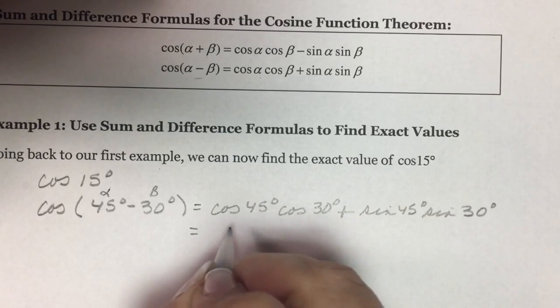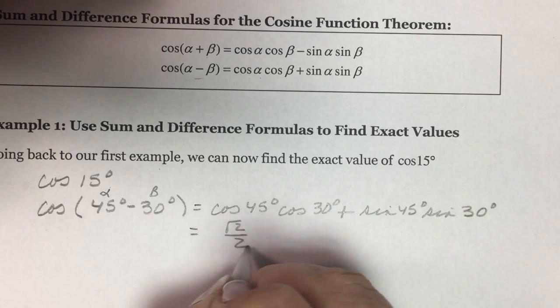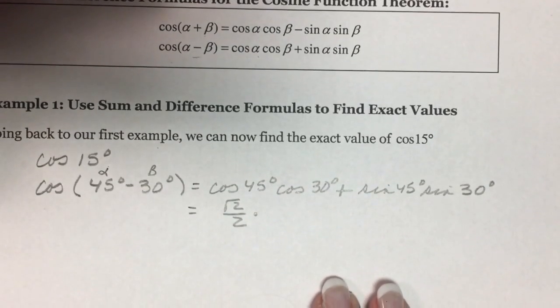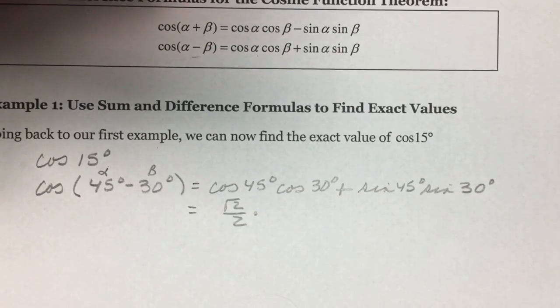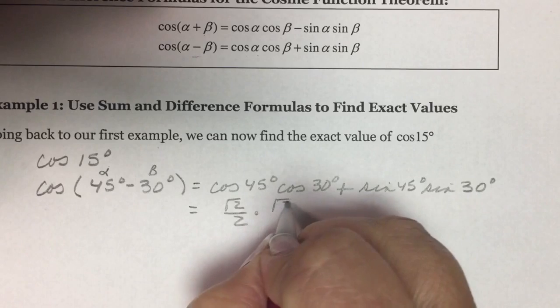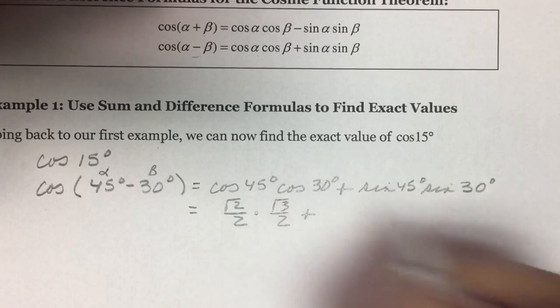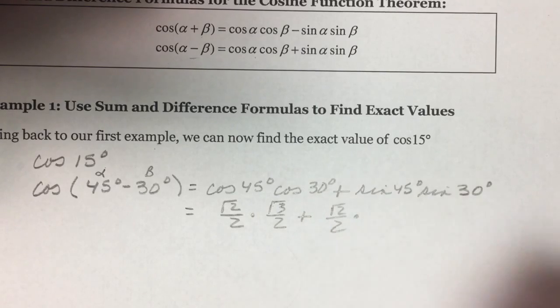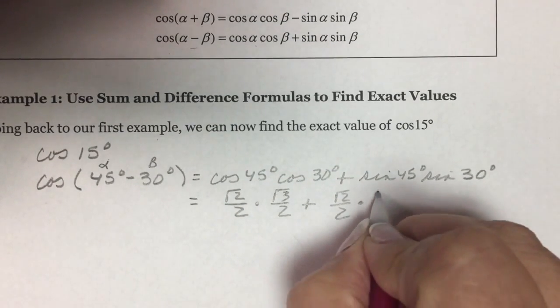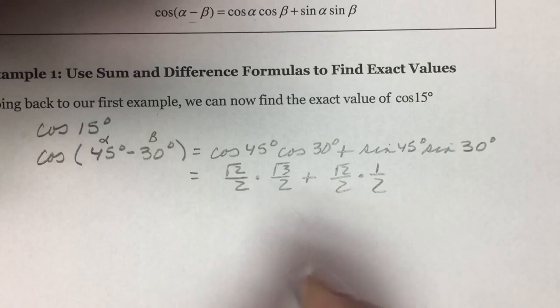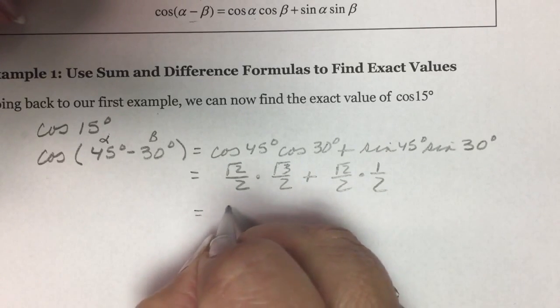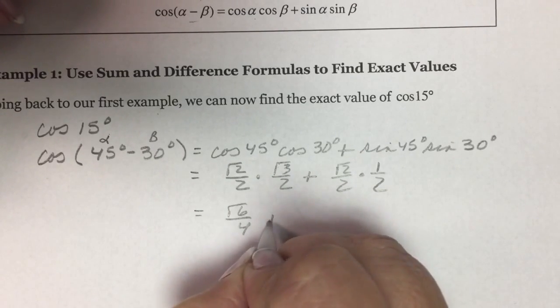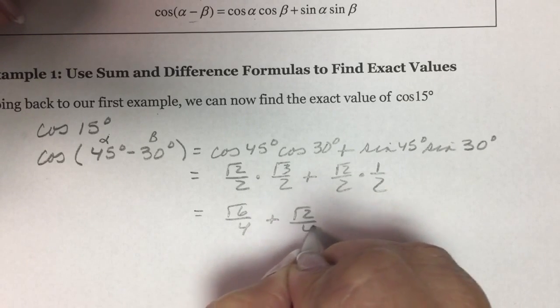Well, what is the cosine of 45 degrees? That's root 2 over 2 times, what's the cosine of 30 degrees? This is all unit circle work. These are exact values. That's root 3 over 2 plus the sine of 45 degrees is root 2 over 2 times the sine of 30 degrees is 1/2. So when I multiply, I get root 6 over 4 plus root 2 over 4.